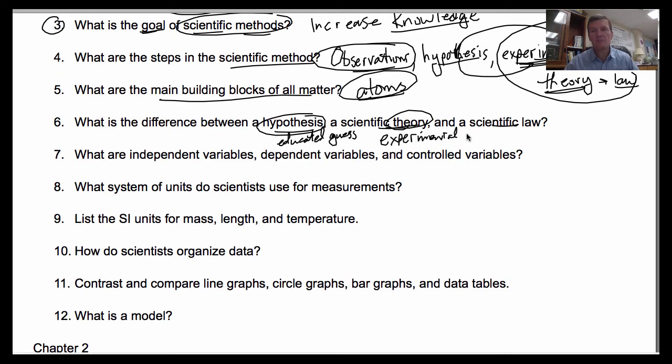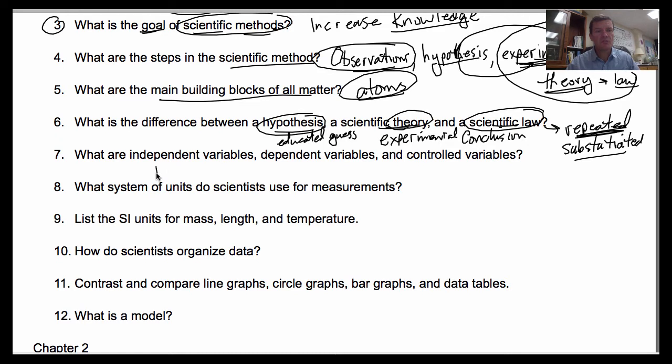Experimental conclusion. And then a law is something that is repeatable. It's repeated over and over, and it is substantiated. What does that mean? It means that it has withstood the test of time, and many, many people and scientists running experiments in order to show that it is in fact true.